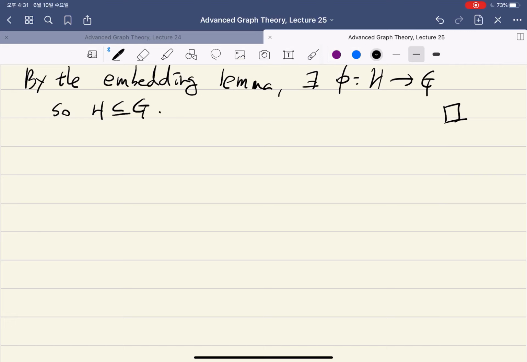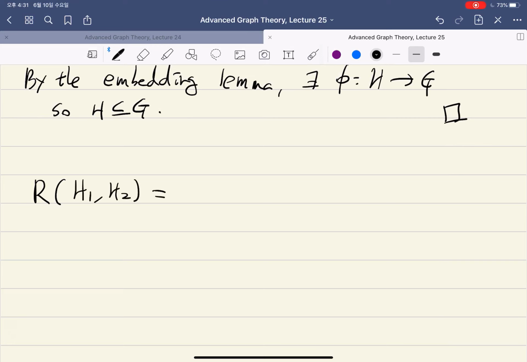Another application that we are going to consider is about the Ramsey number. In undergraduate graph theory, we define the Ramsey number as r(H1, H2).